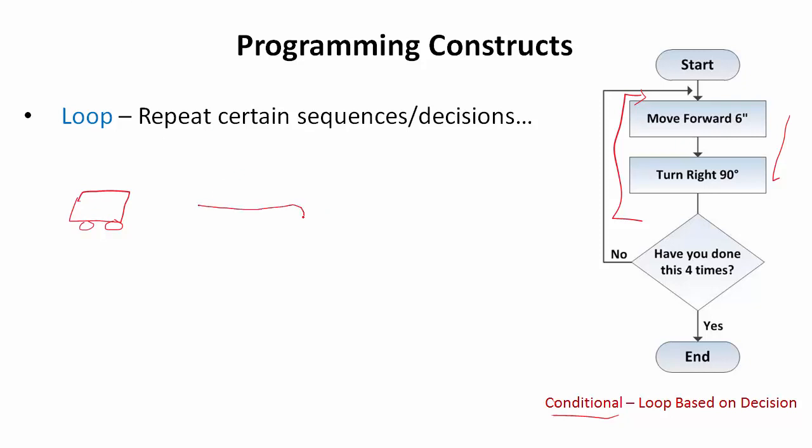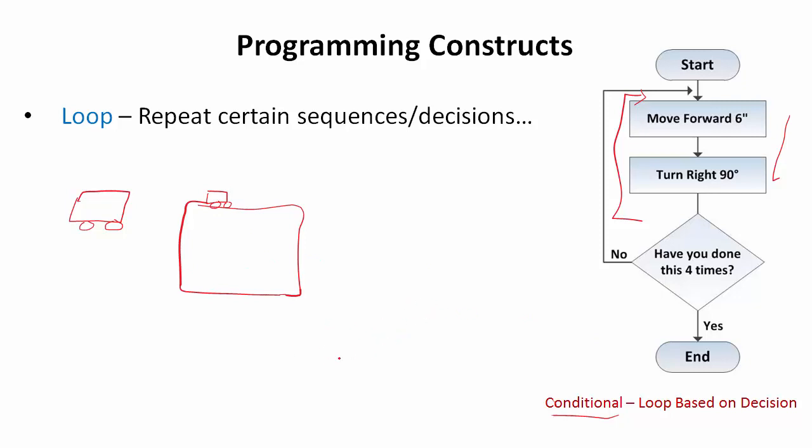So I come over, turn right. I'm going to do it again. Go forward 6 inches, turn right. Then I'm going to go forward again, turn right. So that's my 3rd time. Then I go over here, turn right, and then I stop. So now at this point, what has our robot done? It has gone in a square, but it only did it once and then it stopped. So that's how I could actually use a conditional loop in order to accomplish this.